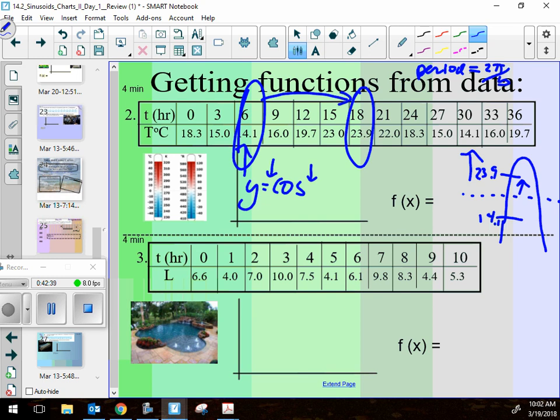I want you to think about that. At time 0, we were not at our peak. It was shifted to the right how many hours? So that 6 has to be in your equation, and it'll be in here on the shift. It'll be to the right. We always do it to the right. How far? 6. I'll give you that part. Put that in. That's part of your answer.